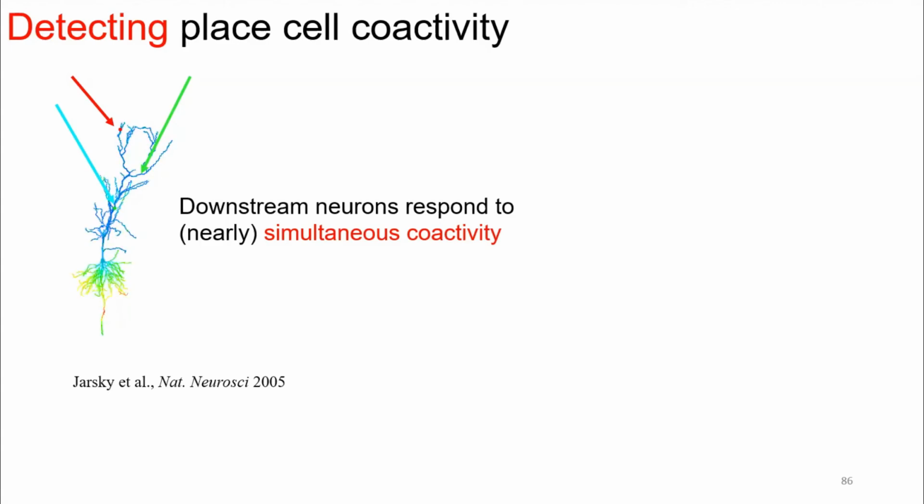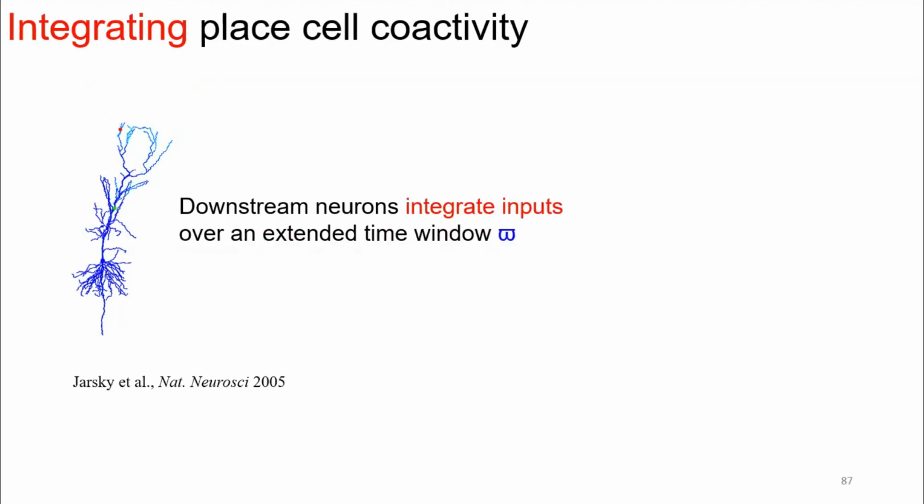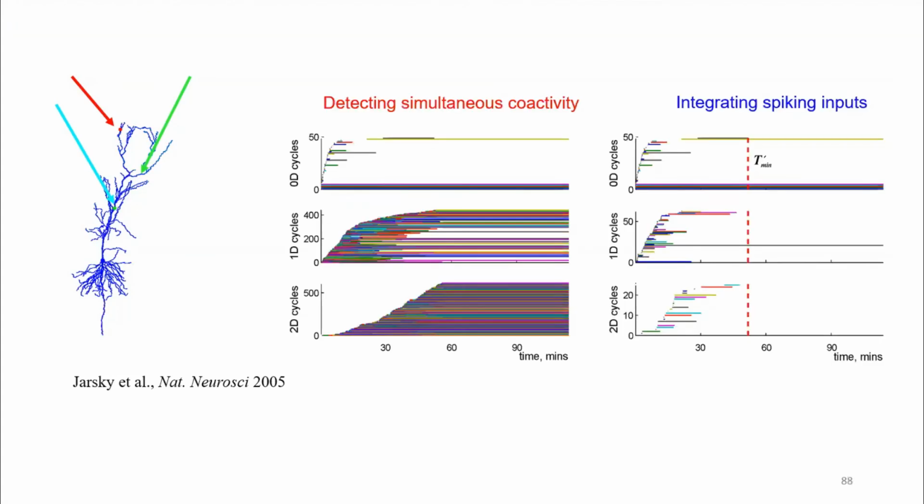But you can also think of another scenario in which a neuron spikes as a result of integrating spiking activity over an extended period of time. So first, second, and then third, and then it spikes. So the process of collecting inputs is extended over time. There can be more complicated scenarios, of course, but even with these two, you can show that the effect they produce is quite significant.